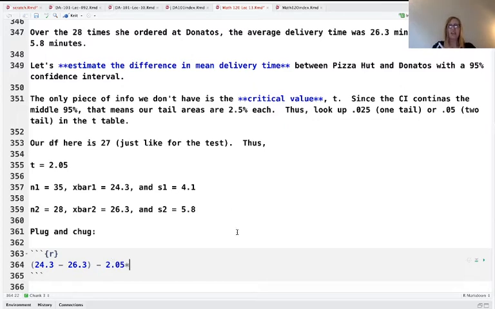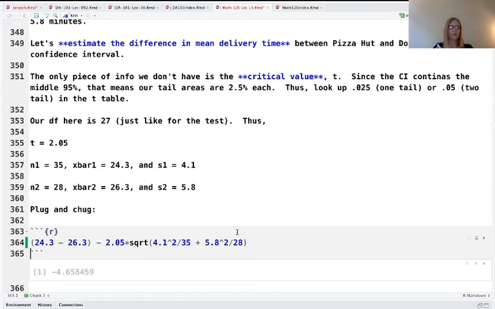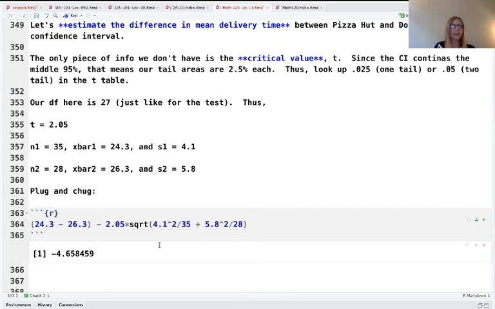And now I need the standard error, square root of 4.1 squared over 35. That's the first standard deviation squared divided by the first sample size. Then 5.8 squared for the second one divided by 28, second sample size. That gives me a lower bound of negative 4.65.